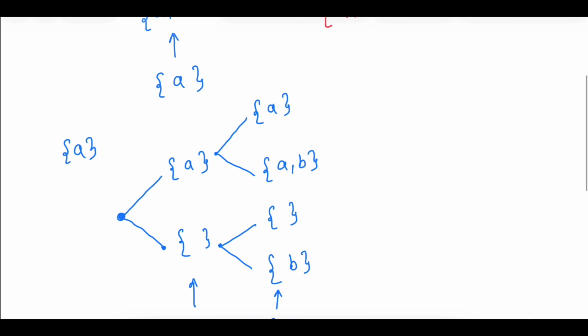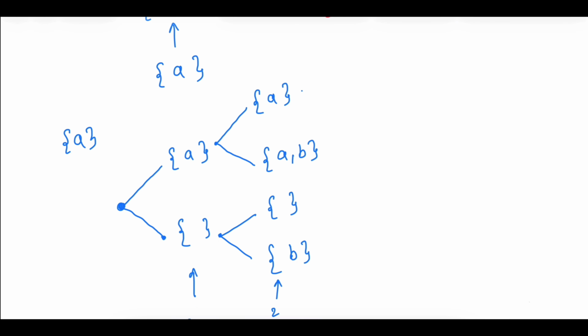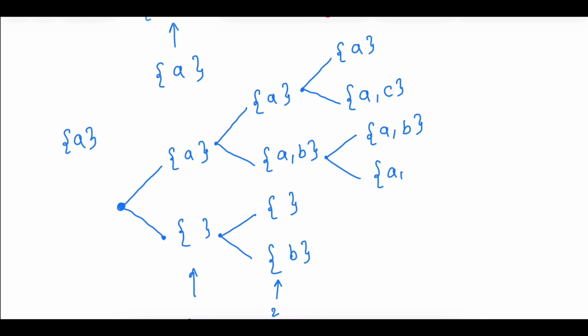So we take the existing subsets which we already have, and for each subset we take the same subset as is, and in the second case we add the new element which is C. So we do it for all the subsets.